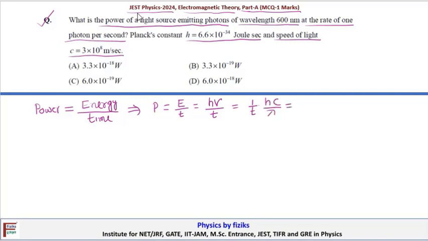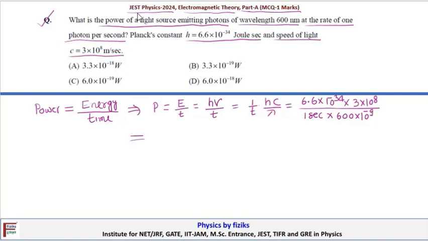Nu is c by lambda. So h is 6.6 into 10 to power minus 34, into c is 3 into 10 to power 8 meter per second, divided by, let's take it per second, and lambda is given as 600 into 10 to power minus 9 meter.